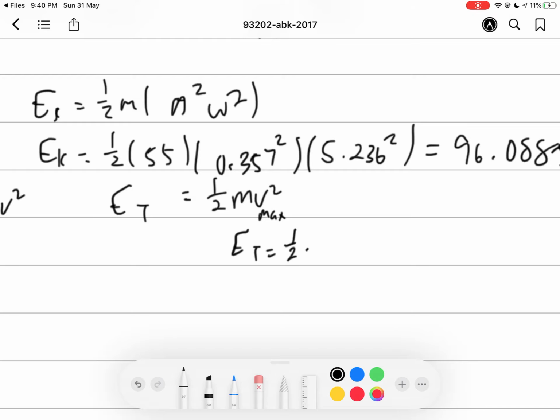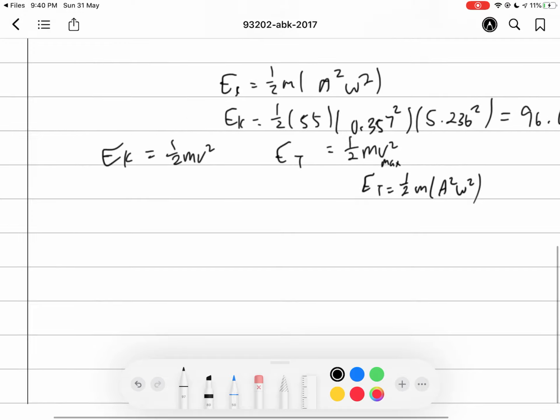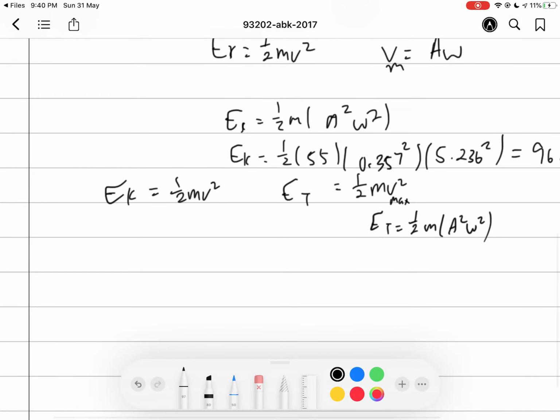So ET equals half m A squared ω squared. That's going to be our total energy in the system.